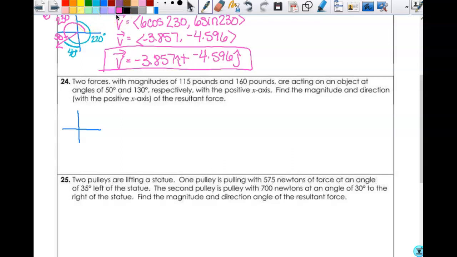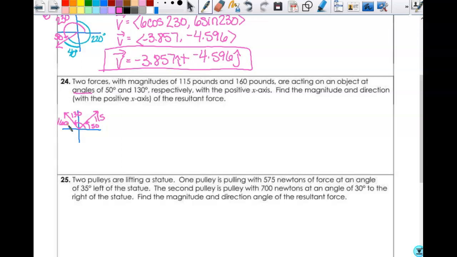Let's see, got angles of 50 degrees and 130, and so these are just plain old angles. So I have an angle of 50 and an angle of 130. This is a magnitude of 115, and this is a magnitude of 160. I want to find the magnitude and direction of the resultant force.